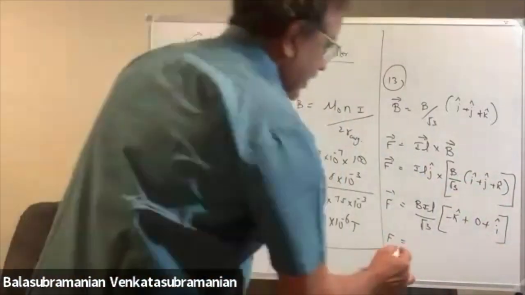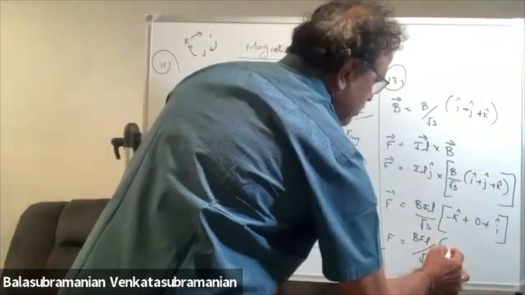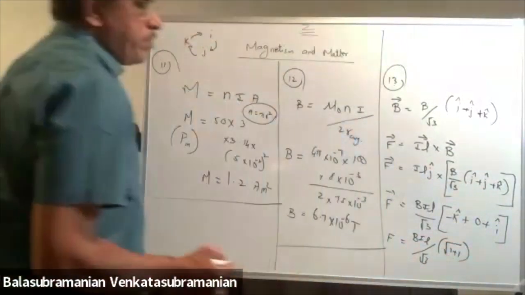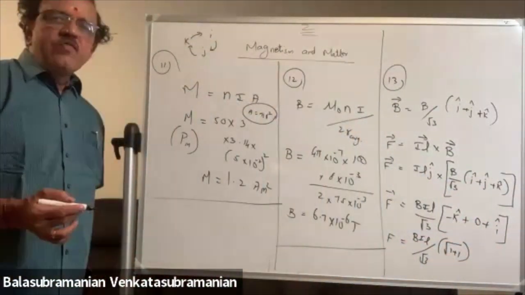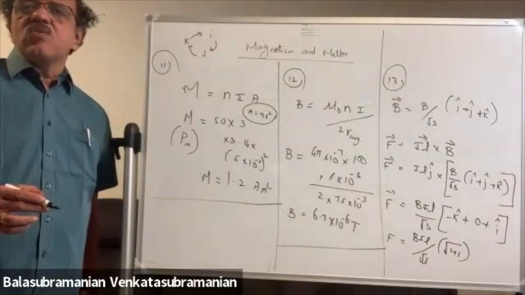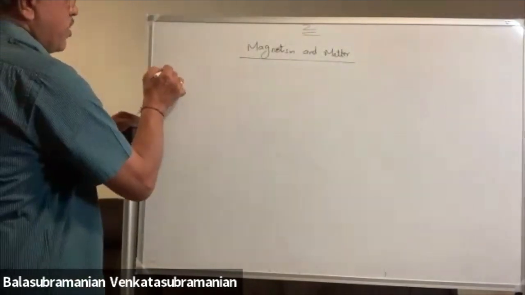Magnitude means you can write BIL by root 3. This is root of 1 plus 1. So BIL root of 2 by 3. BIL root of 2 by 3 is the answer. Problem number 14.